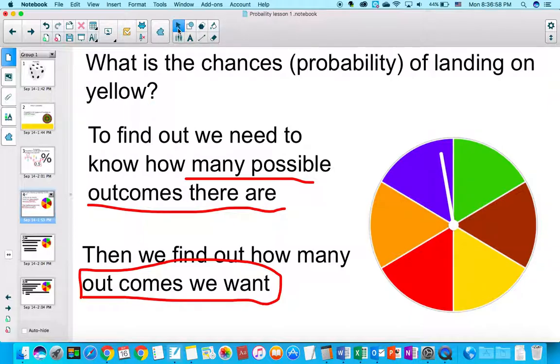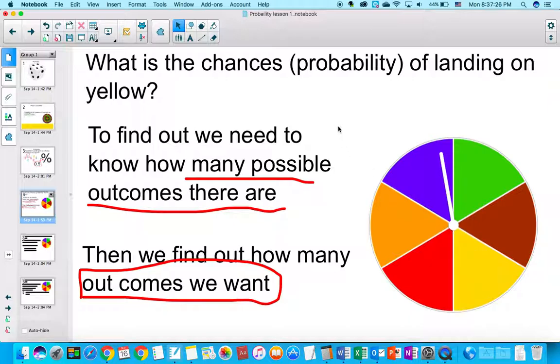So in this question, it's asking for yellow, and we need to know what are the total number of outcomes. Well, it could land on blue, it could land on green, this weird brownish color, yellow, red, or orange. It could land on any of those. So in total, there are 6 outcomes, including the one we want. Okay, now how many outcomes do we want?